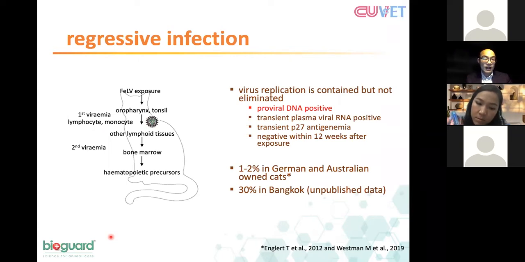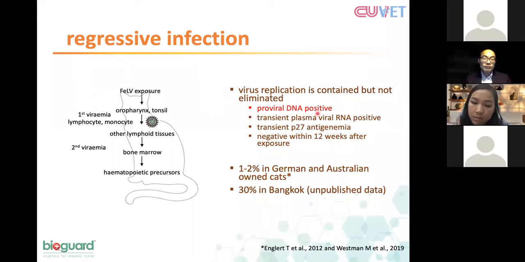As I mentioned earlier, after the integration of proviral DNA into the host genome, it will persist with the host until the end of the lifespan of the host. In these regressively infected cats, we can identify them by detecting proviral DNA because the integration has already been done.